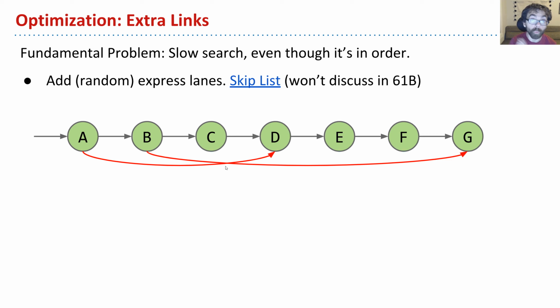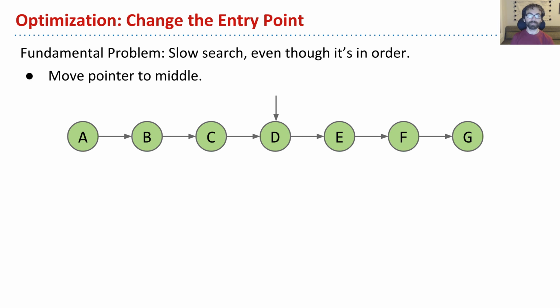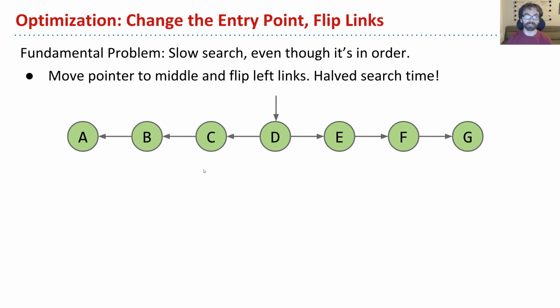But no, what we're going to do now is we're going to invent, as I promised, the binary search tree. So the first thing I'm going to do is move the pointer to the middle of the linked list. And what I mean here is that instead of the sentinel node pointing at A, we're going to point it at D. Now we have a problem here, which is that we can't get to the items on the left, so we'll just turn those links around.